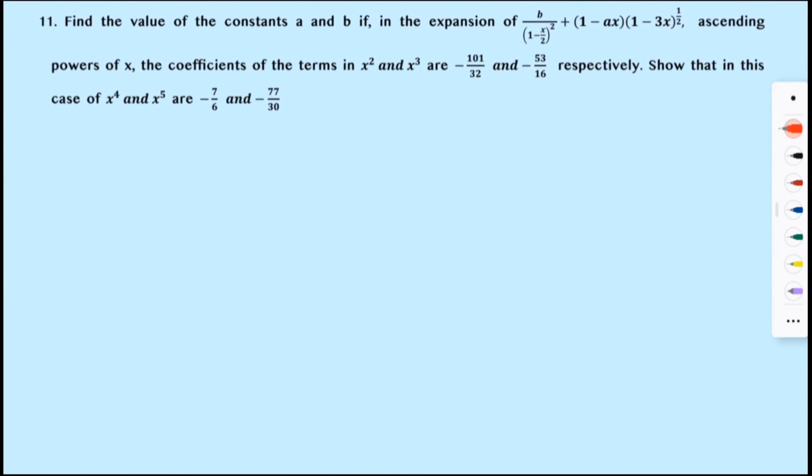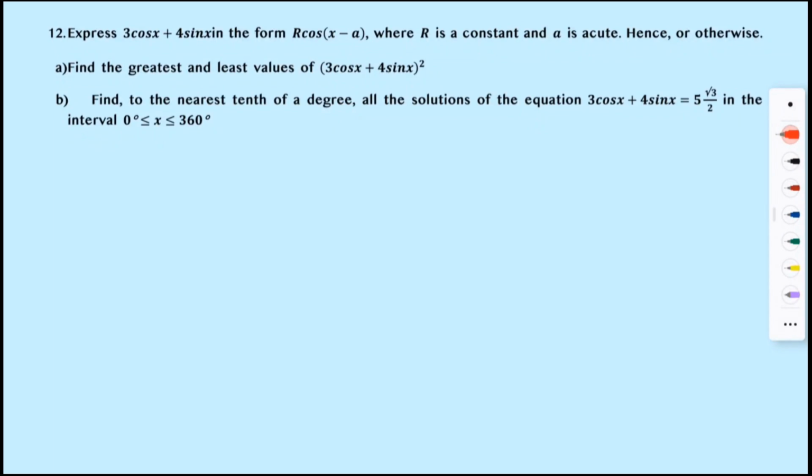Moving on to question number 11. Express 3 cos x plus 4 sin x in the form r cos x minus a, where r is a constant and a is acute.